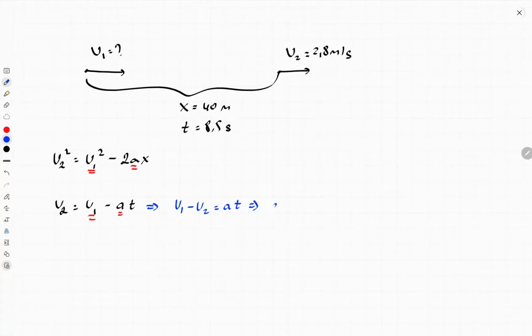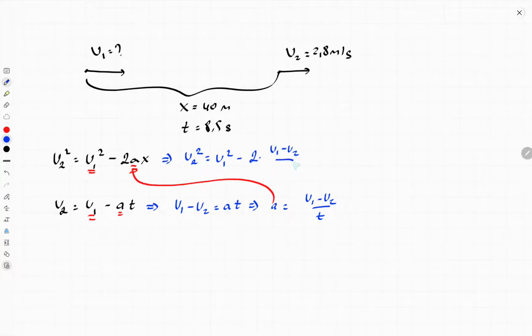From here acceleration equals v1 minus v2 over time, and we can use this acceleration in equation number 1. So v2 squared equals v1 squared minus 2ax, where a equals v1 minus v2 over time. So now we have one equation and only one unknown.